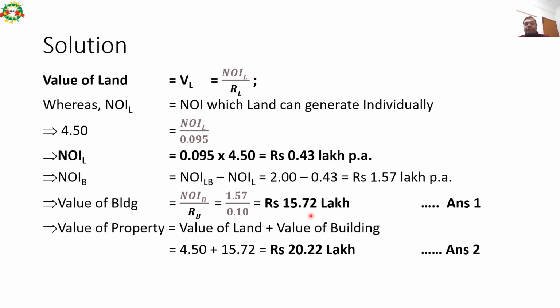So value of building will be 15.72 lakhs. Thus for the total property, value of land has been given in the question, and value of building has been calculated. So the total value of the property is 20.22 lakh, which is the answer to question number 2.